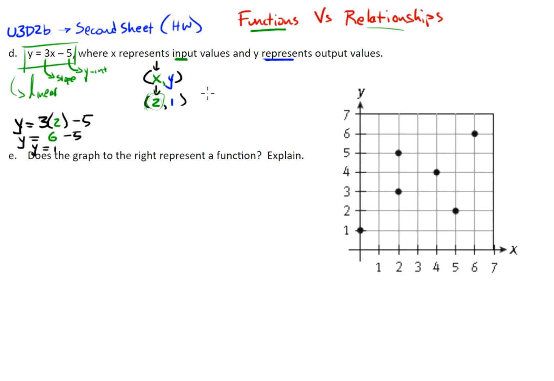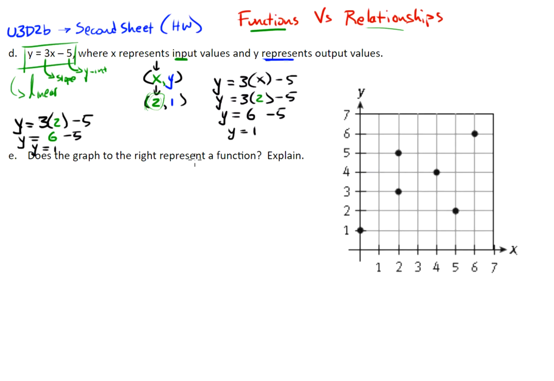Well, let's test it. Let's do it again. I have y equals 3x minus 5, and this is where my x goes. So I'm going to put in y equals 3, and I'm going to put inside, again, a 2, and test it out. What's 3 times 2? That's going to be 6. What's 6 minus 5?